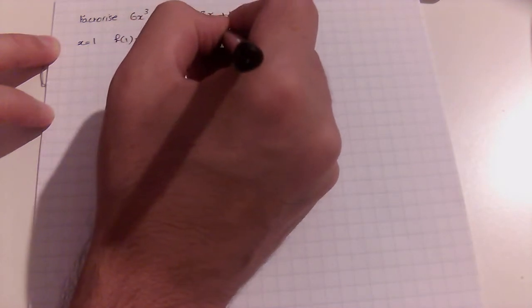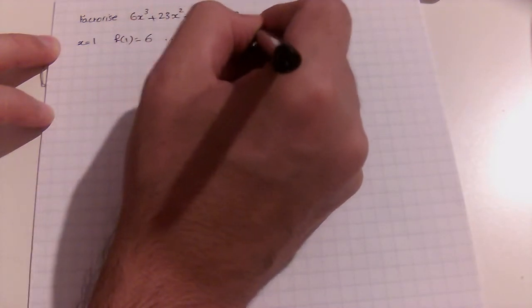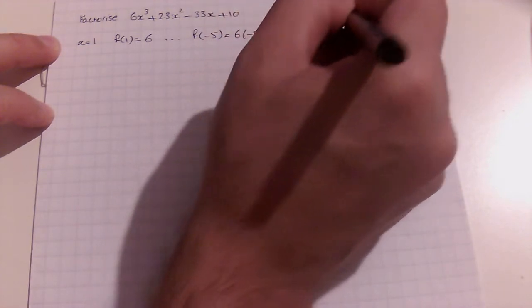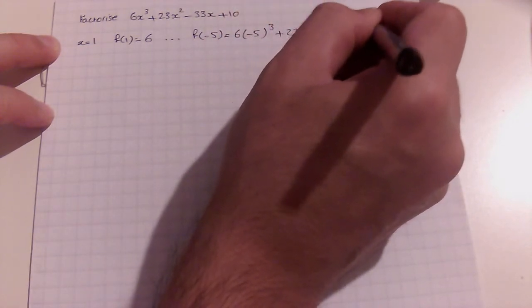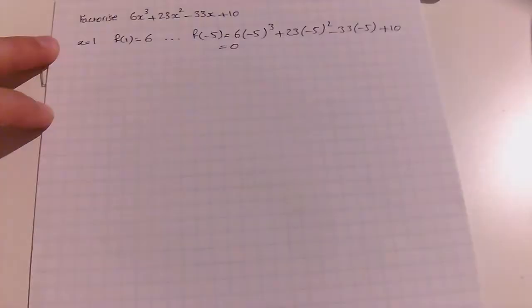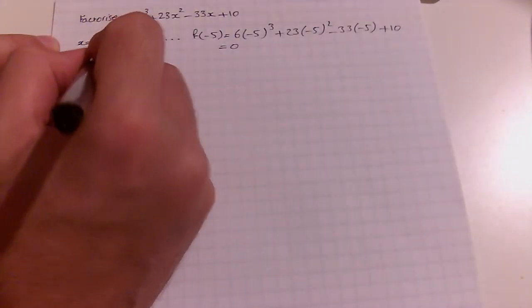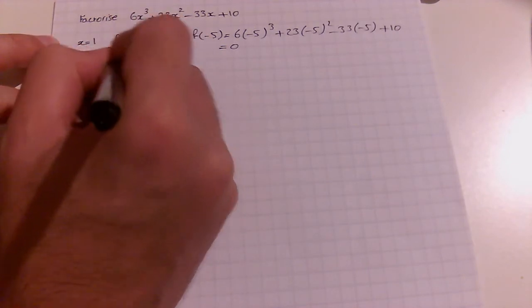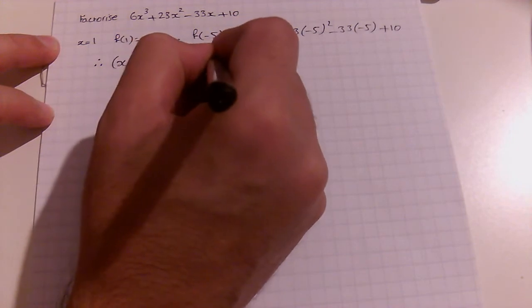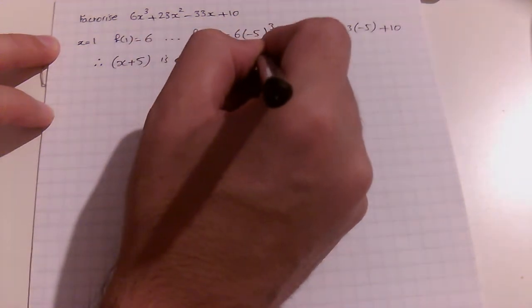So I already tried different numbers. When you substitute minus 5, you get 6 times minus 5 to the power of 3 plus 23 times minus 5 squared minus 33 times minus 5 add 10, which becomes equal to 0.